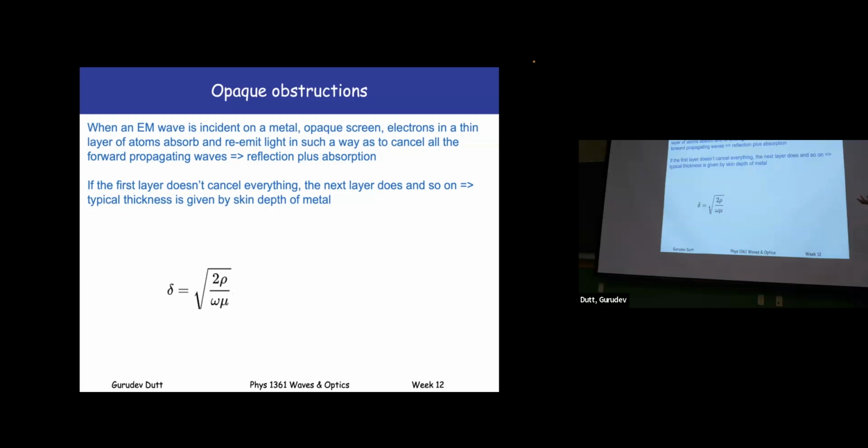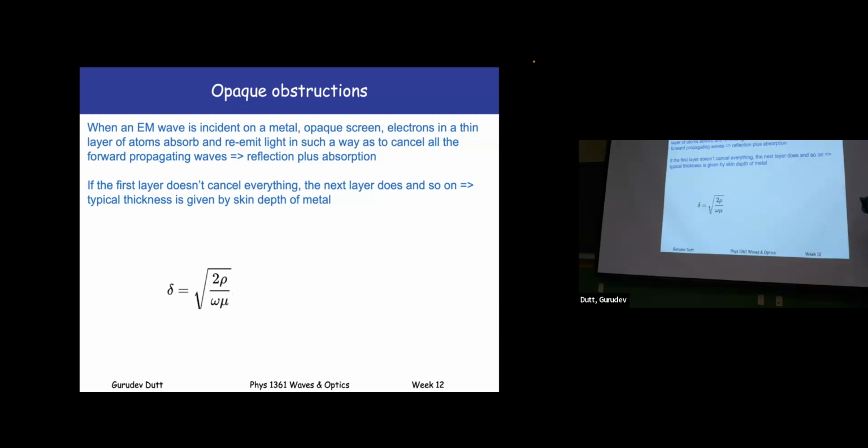That's exactly what's going on in a metal or any opaque obstruction, except that in an opaque obstruction it cancels the field completely. Whereas in a transparent dielectric medium, it only cancels the field partially, but slows it down in such a way that we get the refractive index, the change in the velocity of the wave. In an opaque medium, that cancellation is perfect.